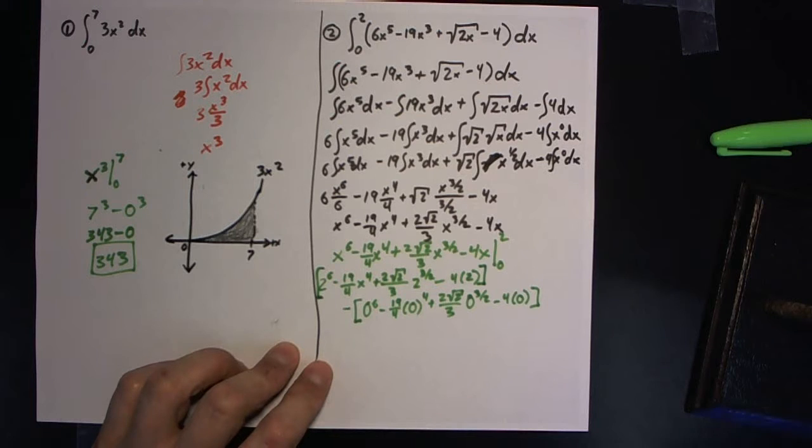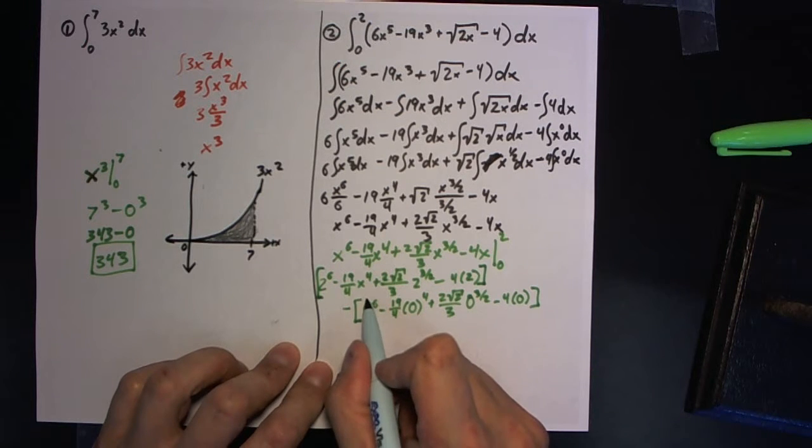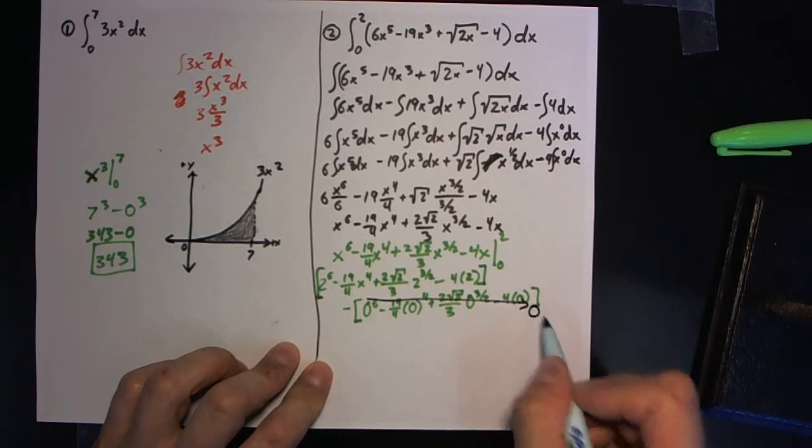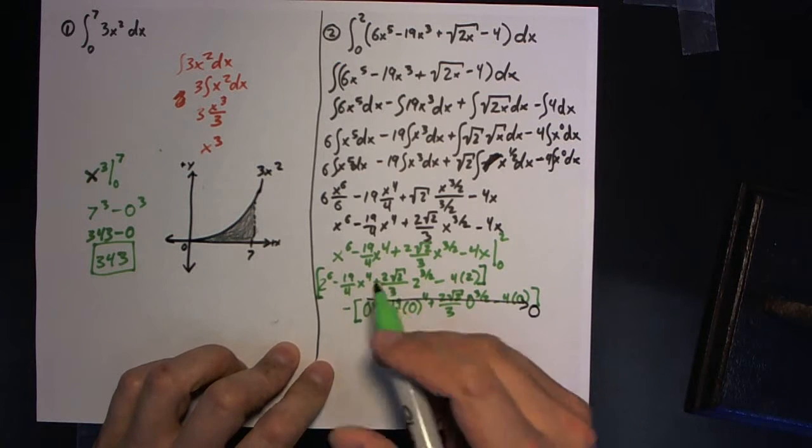Alright, well the good news is that all of this stuff in here, all of this second set of square brackets, that becomes 0. Anything times 0 is 0.